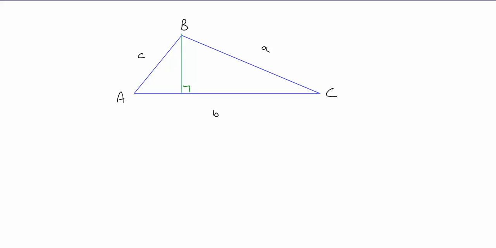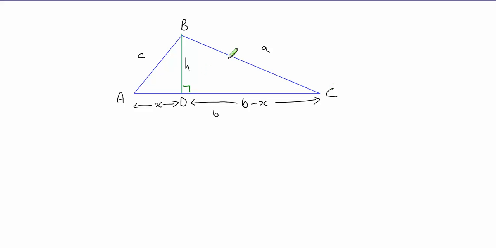I'm going to call the length of the perpendicular h, and we'll call this point D. AD, I'm going to give the symbol x, and of course the whole of AC is b, so DC will be b minus x. So now we have two right-angled triangles, ABD and BDC.